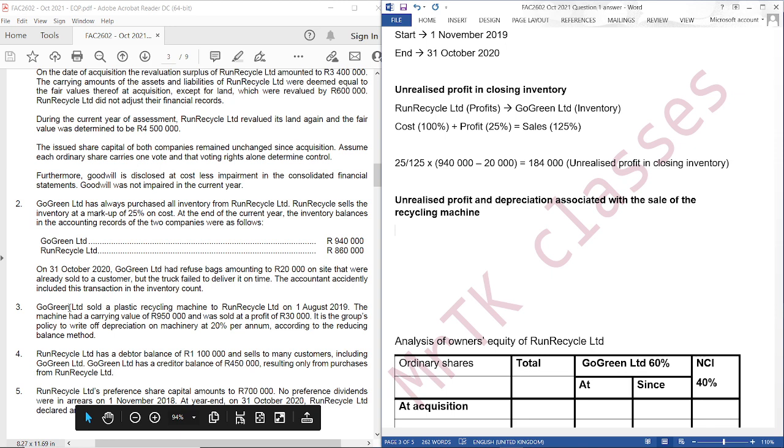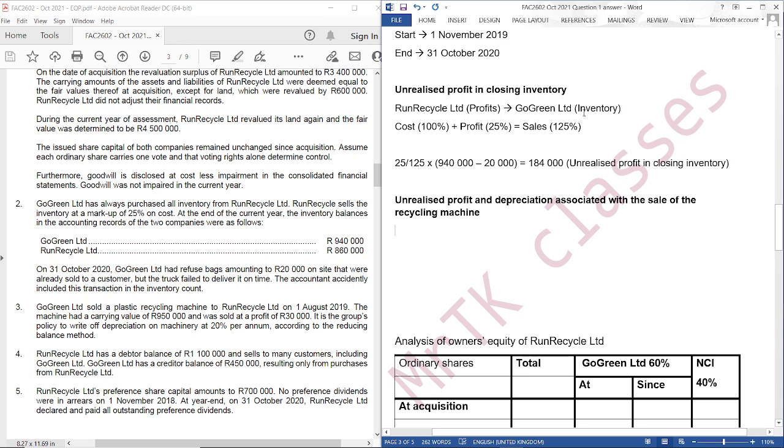Go Green Limited sold, which means we are going to use the same logic as what we have here.